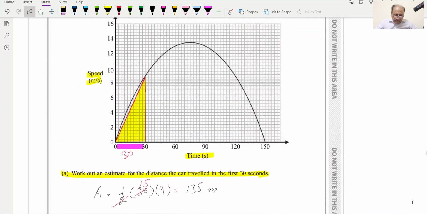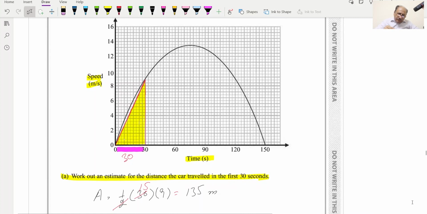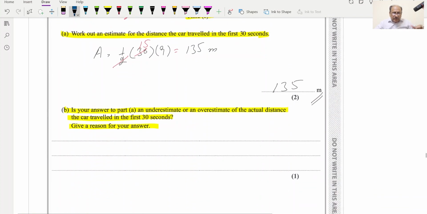If we check this drawing carefully, we have excluded this small white portion which is over here. I'm just pointing out this area we have left. So this is not included in the area of the triangle. So we can mention over here that this will be an underestimation.